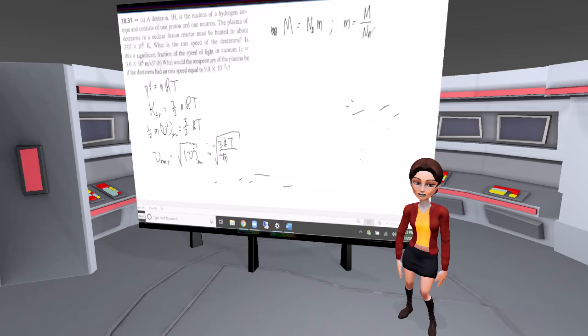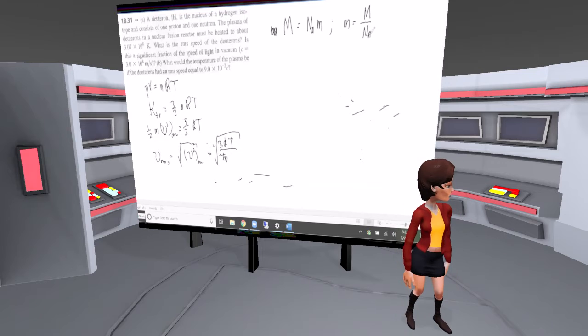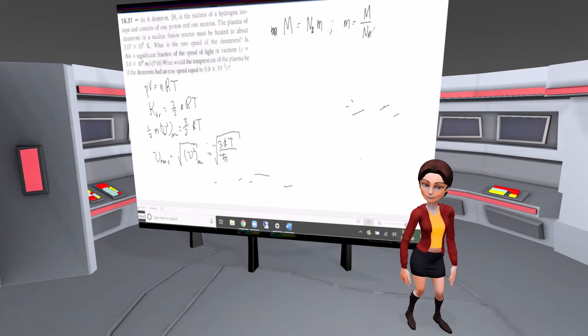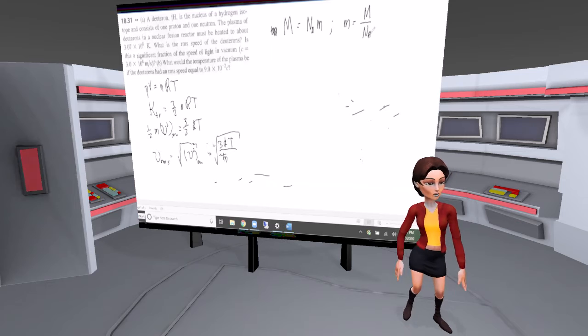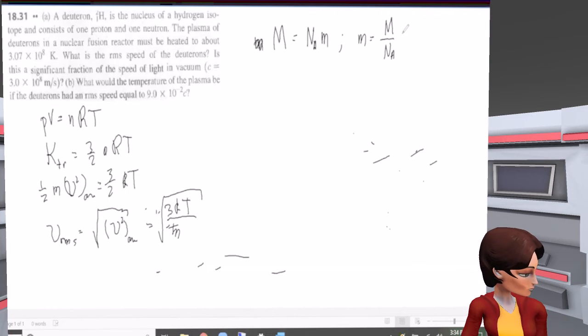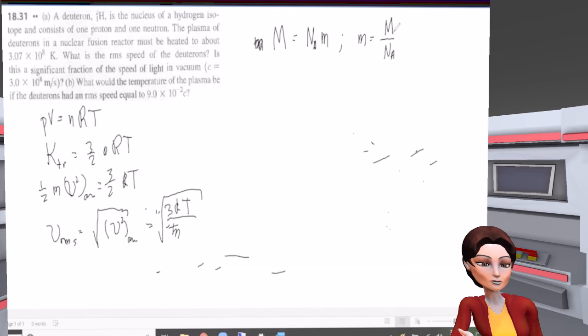The molar mass you can get from the periodic table. It's in grams per mole of single atom molecules. For the present case, what is the mass of a deuteron?